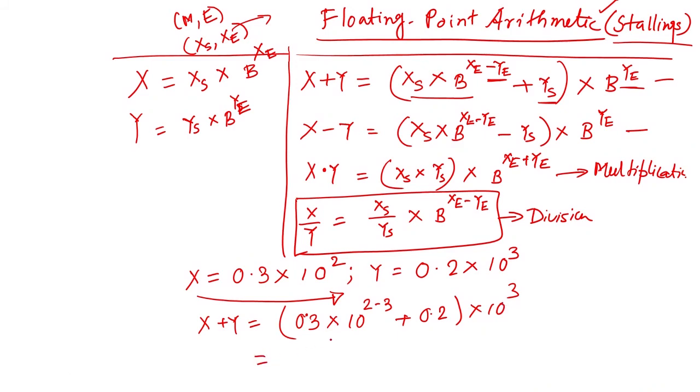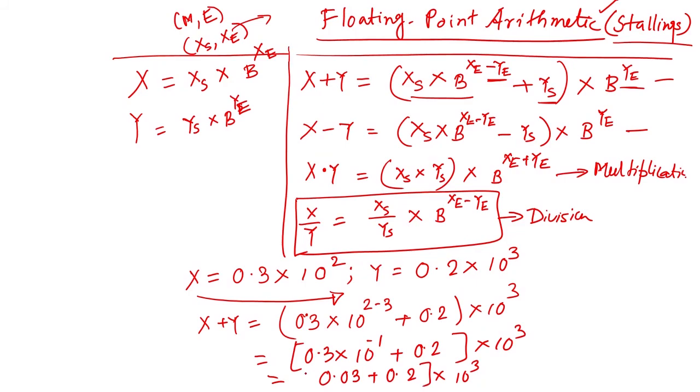So, here 0.3 into 10 to the power minus 1 plus 0.2 into 10 to the power 3. So this is what you will get: 0.03 plus 0.2 into 10 to the power 3. That means 0.23 into 10 to the power 3.